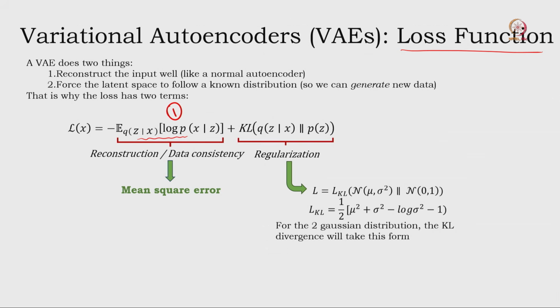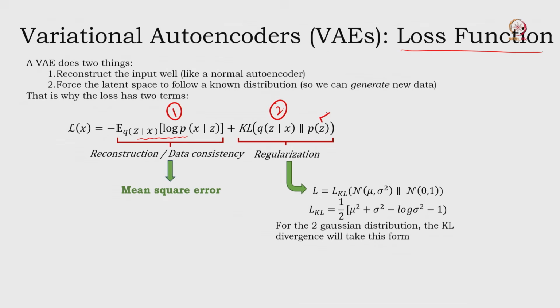If the aim of the decoder is binary data, then this term will take a binary cross entropy form. And the second part in the loss function is the KL divergence.